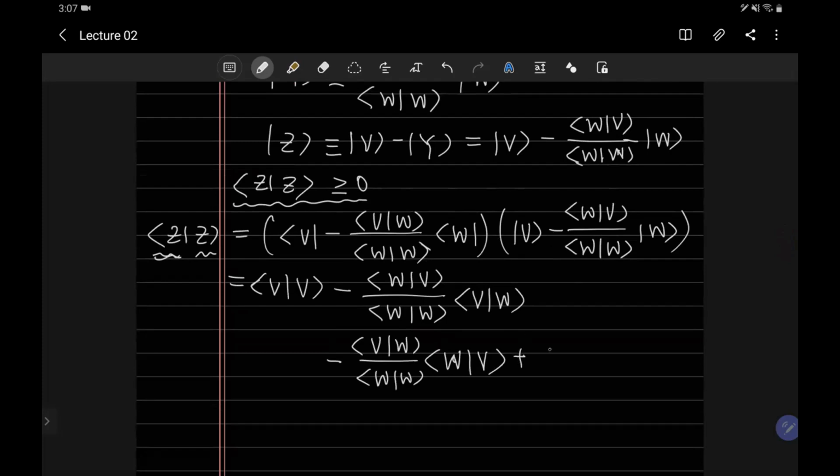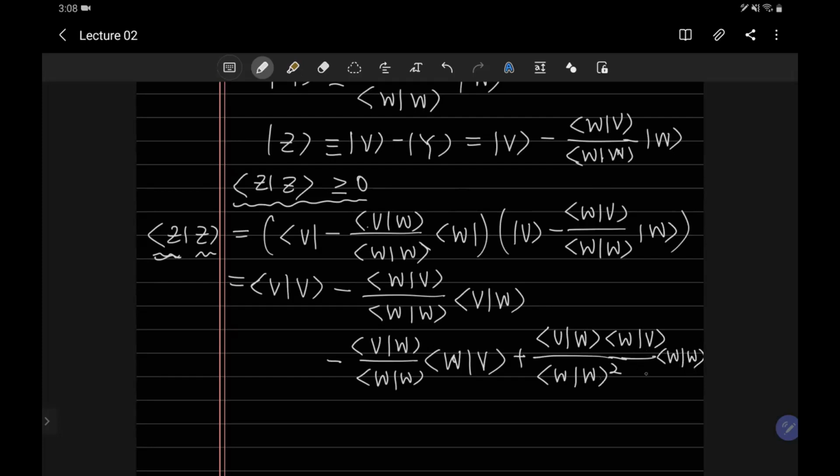So there will be a plus, and then in the denominator we will have the square of WW, and in the numerator we have the multiplication of this scalar value and this scalar value, which is VW and WV, and finally we have WW.